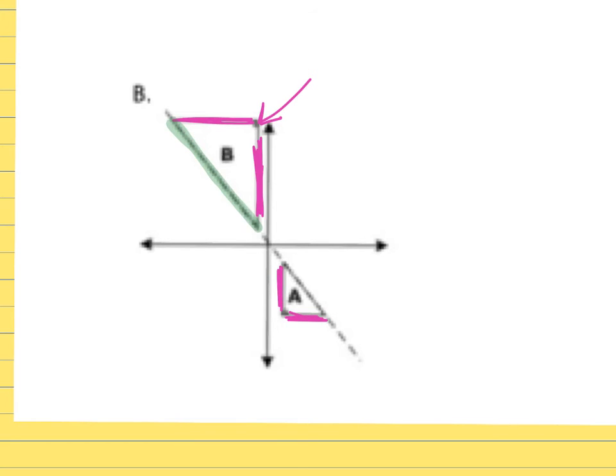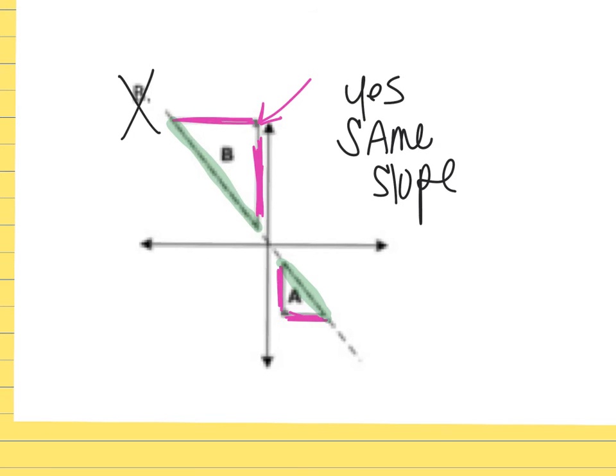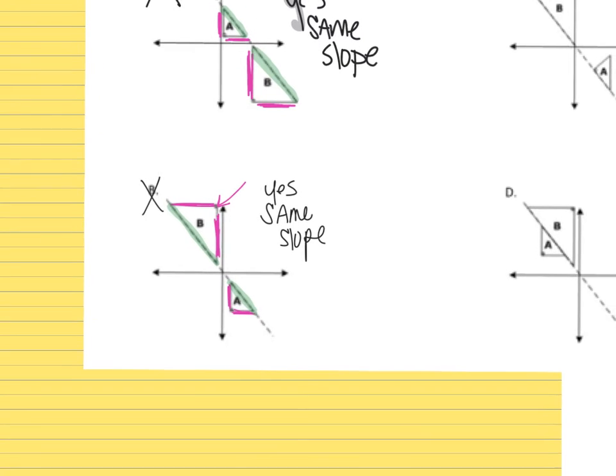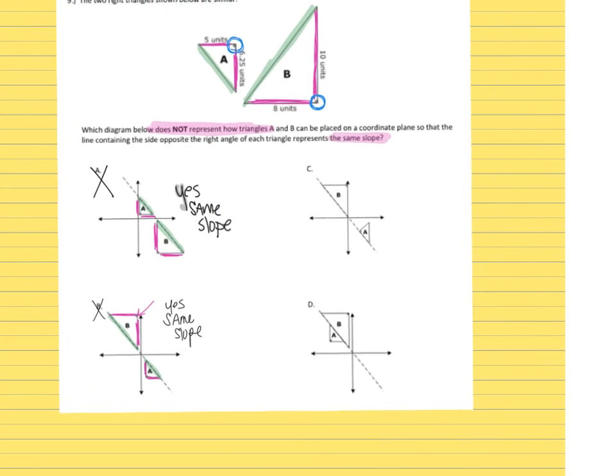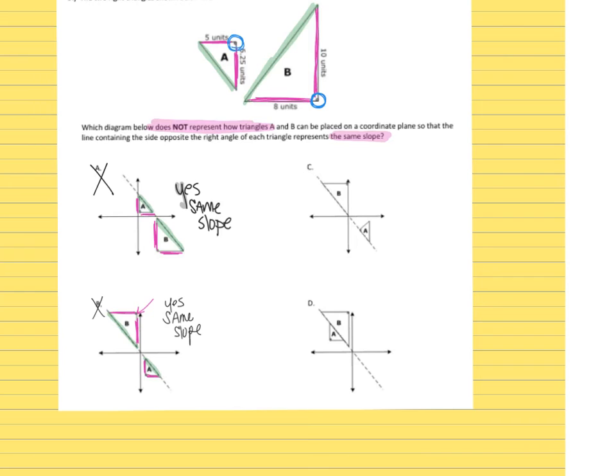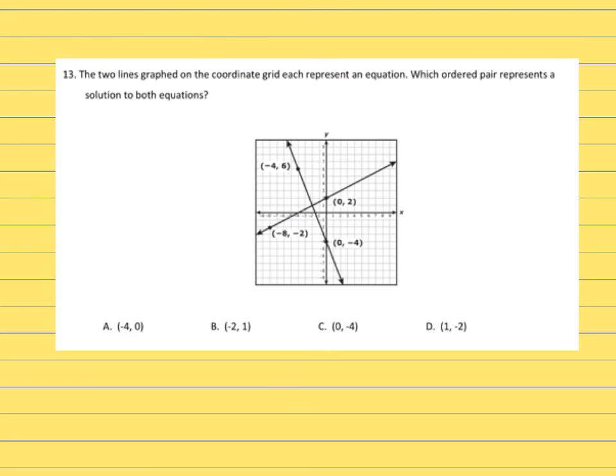The line that is connecting between, that would be my slopes. So on this one again, I would say, yes, this one has the same slope. But it's not wanting me to pick that one. So you have to look at the last two examples and figure out which diagram does not have the slope going on the same line.